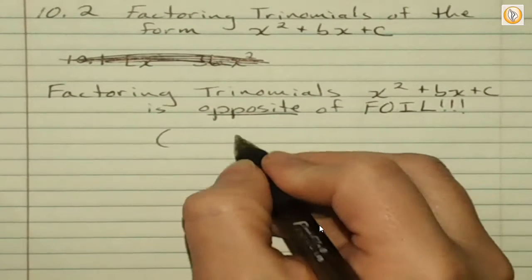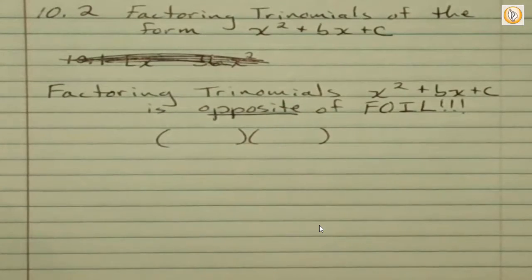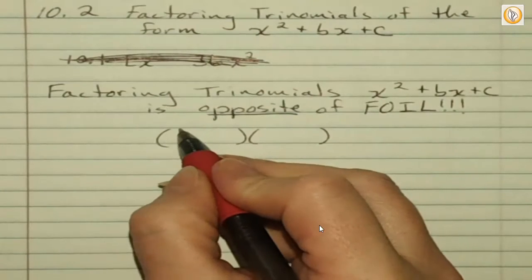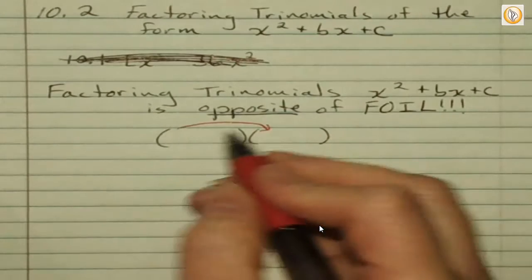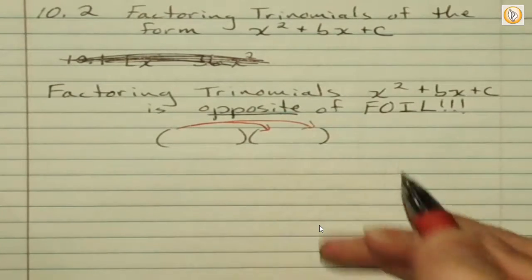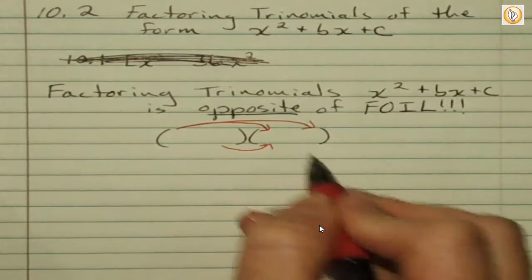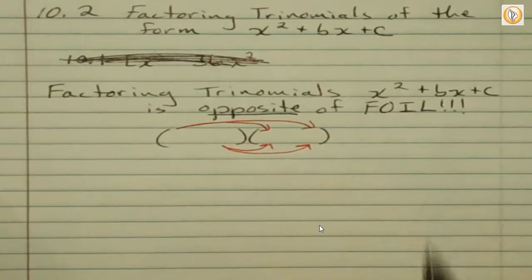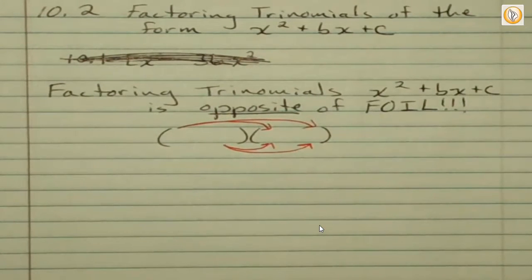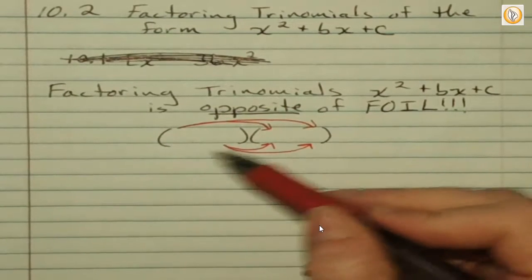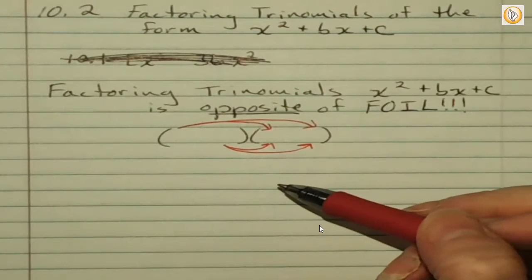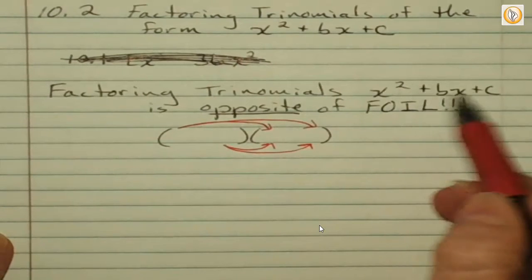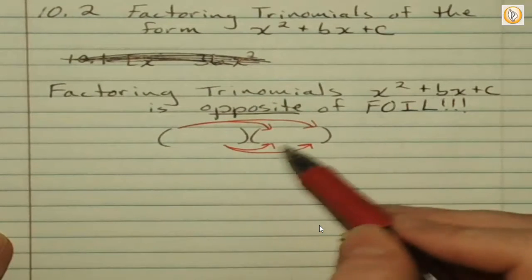You multiply the first, the outside, the inside, and then the last two. Remember that from last chapter? So we're doing the opposite. Last chapter they gave us this and we had to figure it out. Today they're giving us this and we have to figure this out.